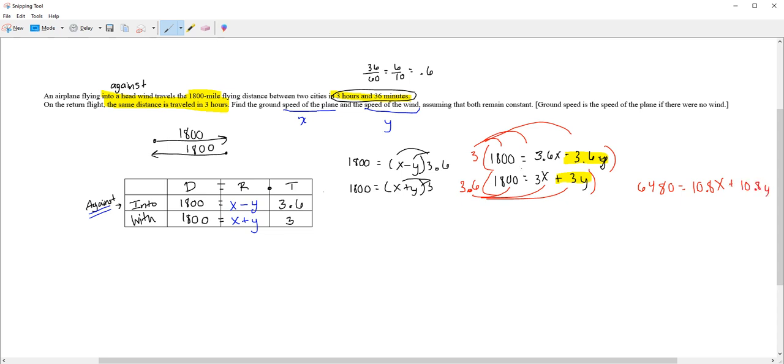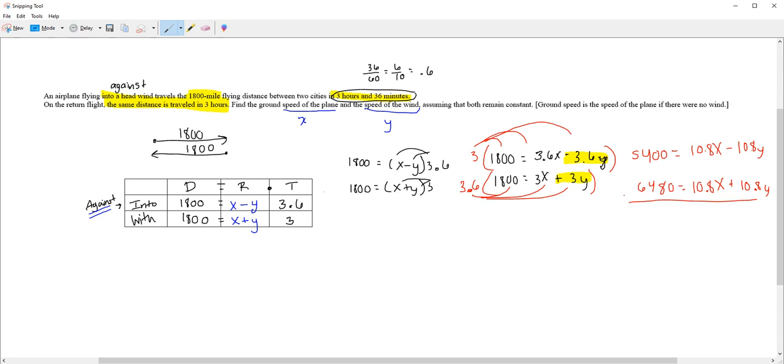For my other equation, 3 times 1,800 is going to give me 5,400, 3 times 3.6 is going to give me 10.8x, and 3 times negative 3.6 is going to give me negative 10.8y. Now this is set up perfectly to do elimination.